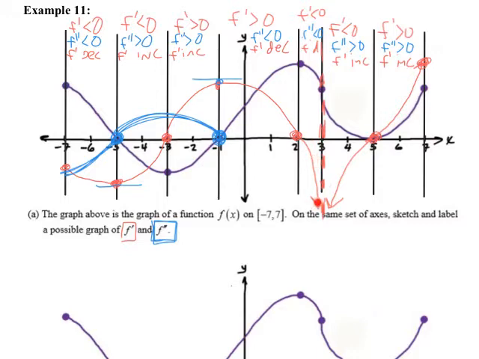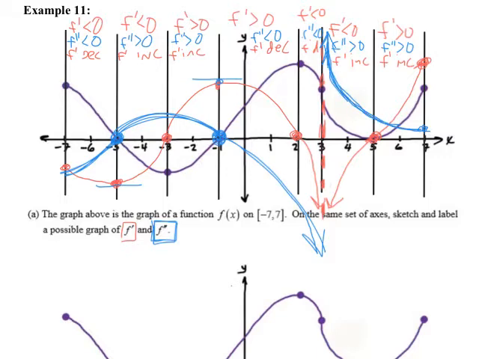Let's see, the slope here goes to negative infinity, so the second derivative will approach negative infinity as well. So we get that going on. And the slope here is positive, so what we need is our second derivative needs to start up high and come down, stopping somewhere around there.